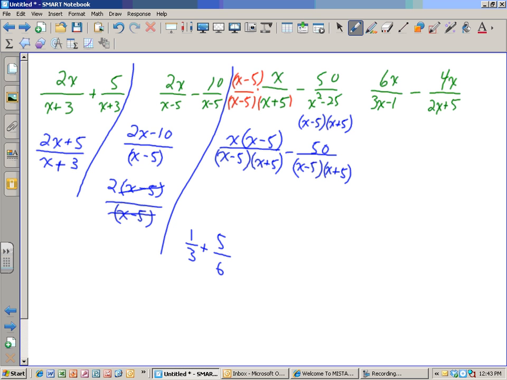I'm really multiplying by 1. X minus 5 over x minus 5, okay, to get an equivalent fraction. Well, let's clean that up a little bit. My numerator, I'm going to distribute the x. I'll get x squared minus 5x minus 50 over the common denominator of x minus 5, x plus 5.